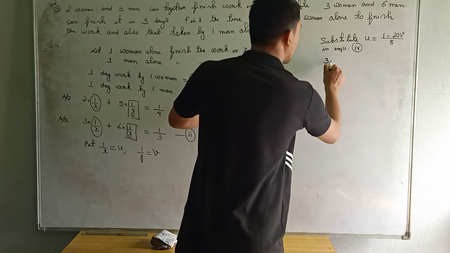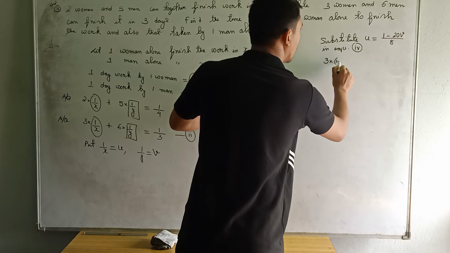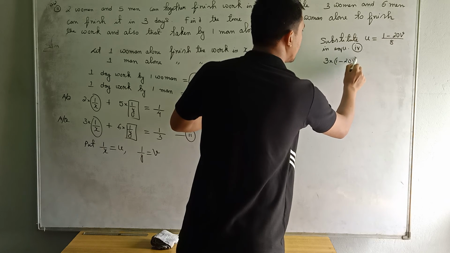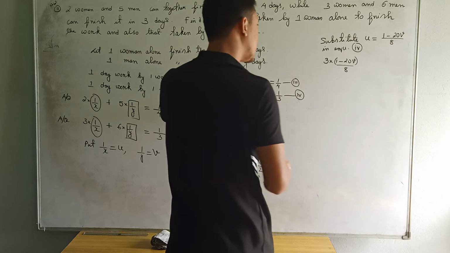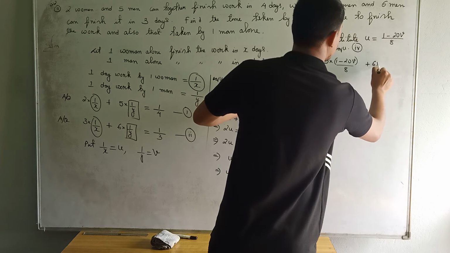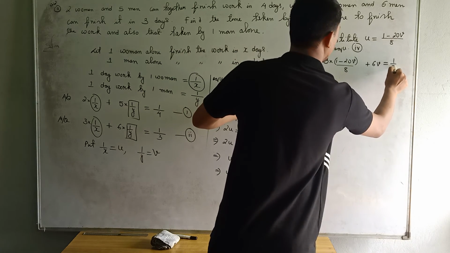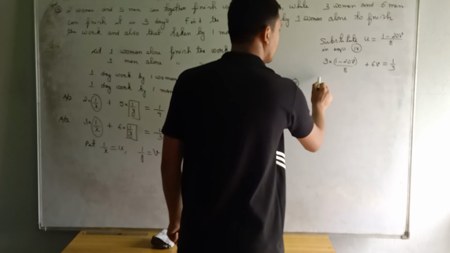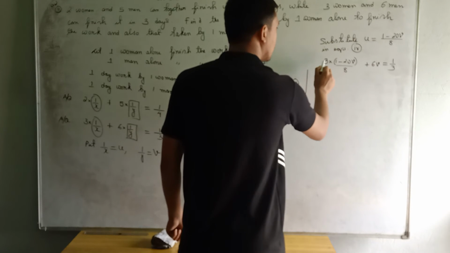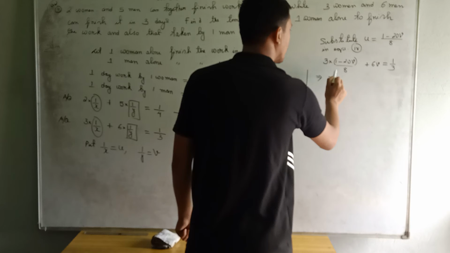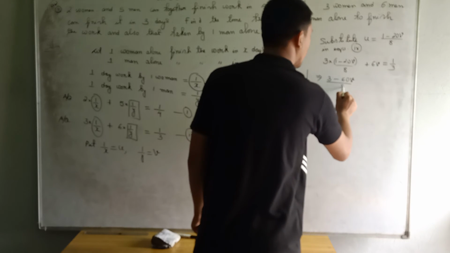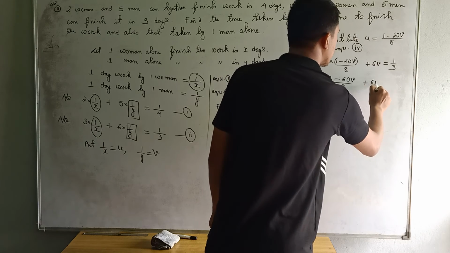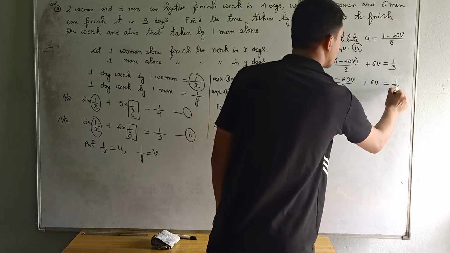So 3 times u, 1 minus 20v upon 8, right? Plus 6v is equal to 1 upon 3. This is your equation 4. 3 times 1 is 3 minus 3 times 20 is 60v upon 8 plus 6v is equal to 1 by 3. Is it correct?